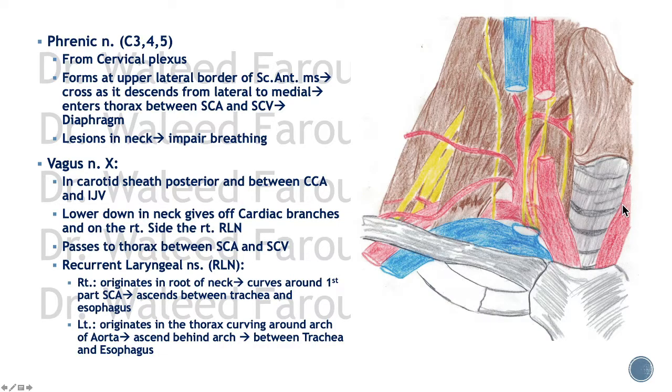On the left side, it continues down and it gives off the left recurrent laryngeal nerve under the arch of the aorta, and it gives off cardiac branches as it goes down in the root of the neck. Cardiac branches. I noticed something.